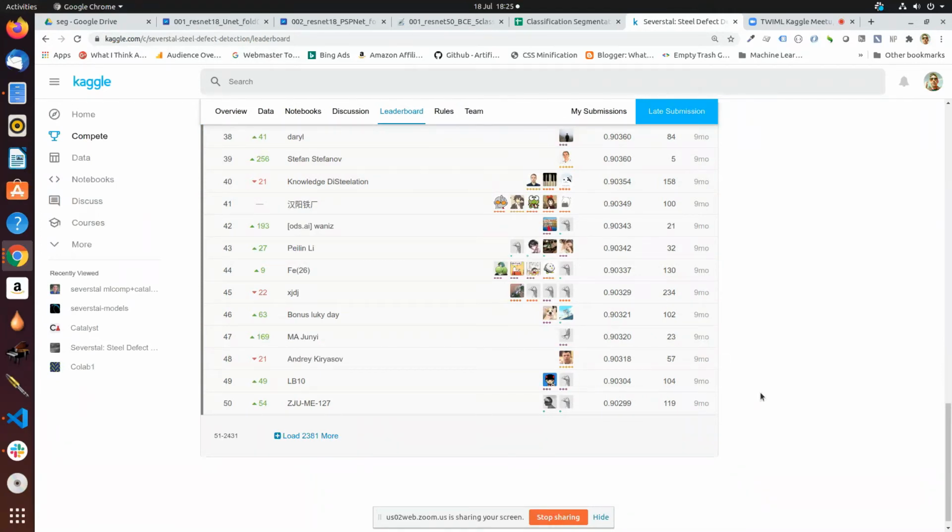Because 0.90 gets you in the top, there were some 2,100, 2,400 competitors. On the private leaderboard, it got me to position 123 out of 2,381. So it's actually 2 places outside of silver medal. So nearly there.